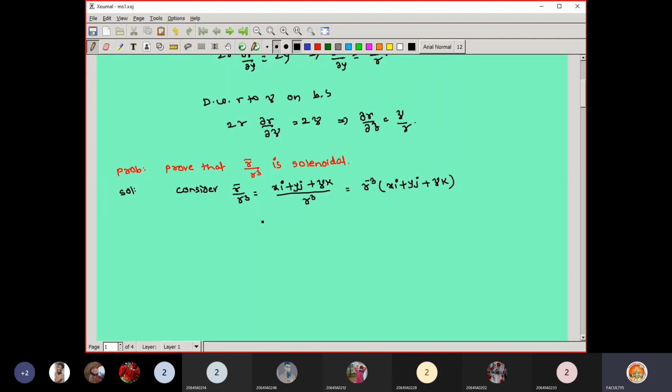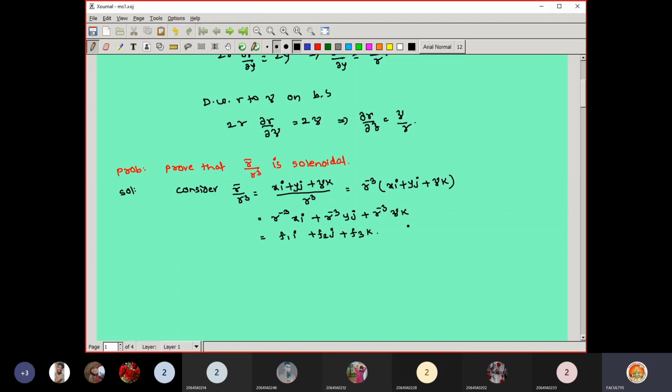So individually it is r to the power of minus 3 into xi plus r to the power of minus 3 into yj plus r to the power of minus 3 into zk. This I am supposing as f1 i, f2 j, and f3 k.